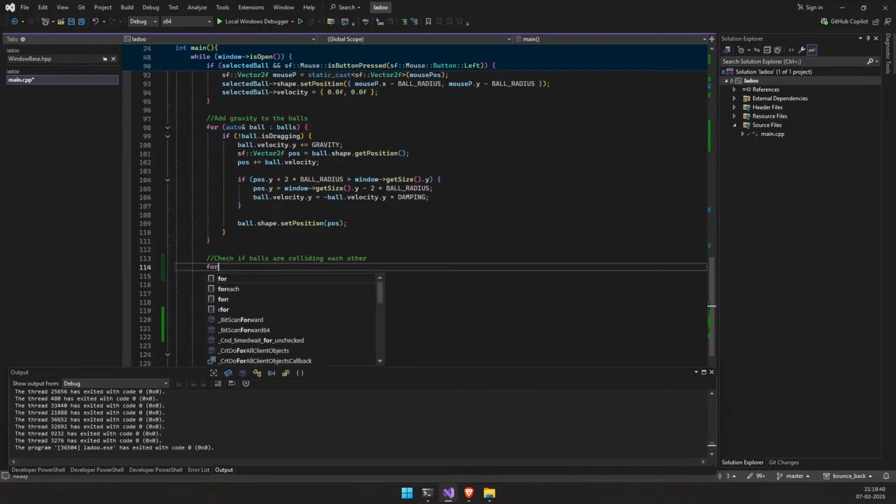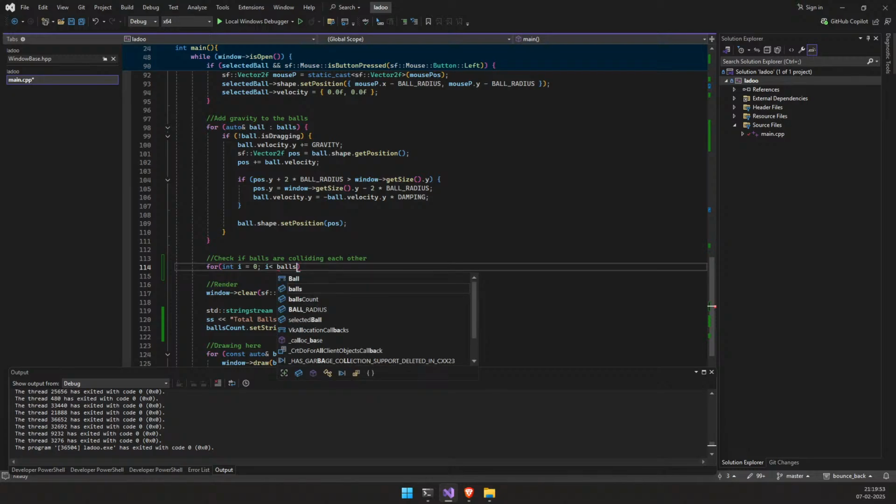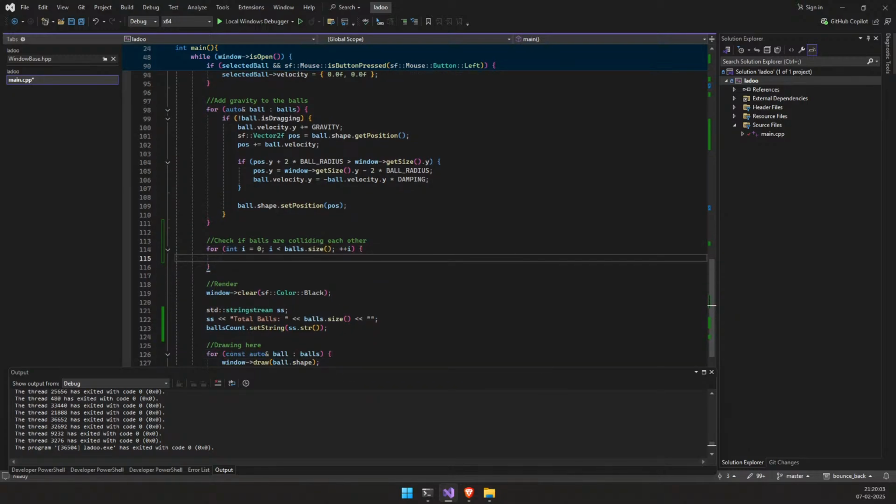And what I can think of. So let's get to all the balls. I plus I, this will be the outer loop.